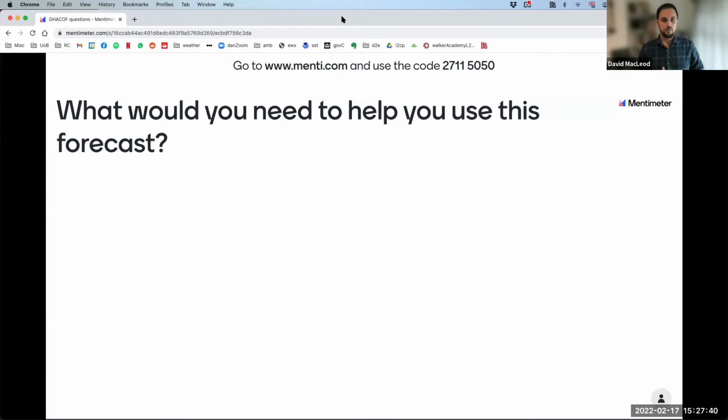which is wanting to know what would you need to help you use this forecast? So are there any barriers which would prevent you from using this information? And is there anything that could help facilitate the understanding or the use of the information? And that could be from our side.